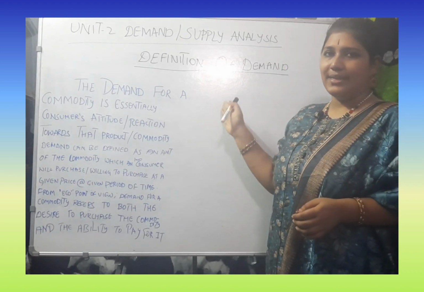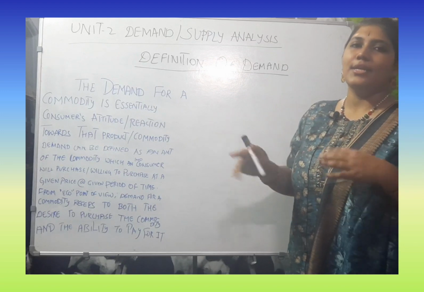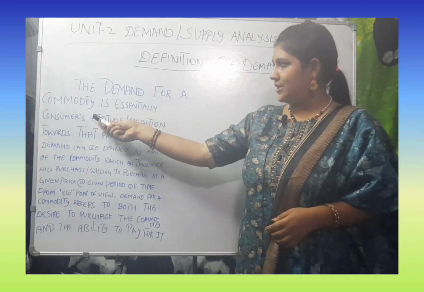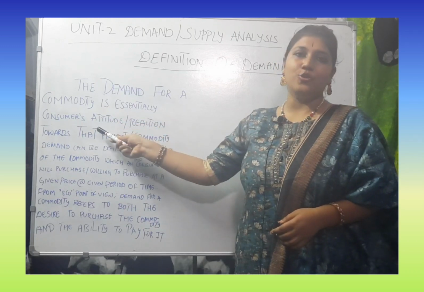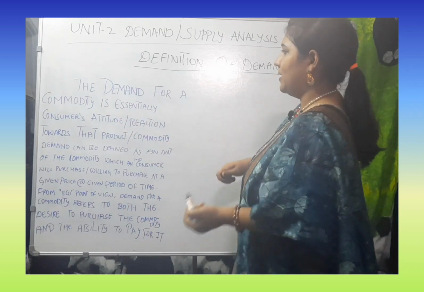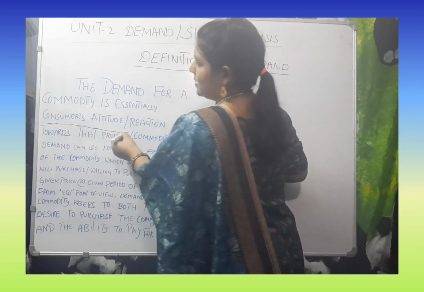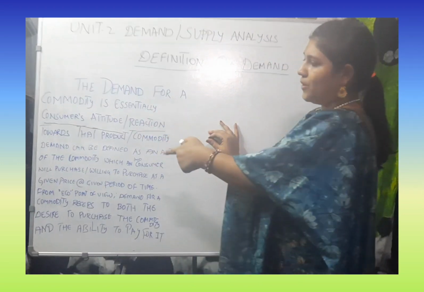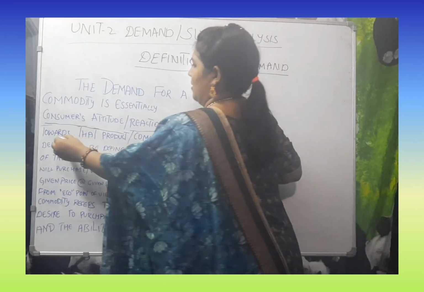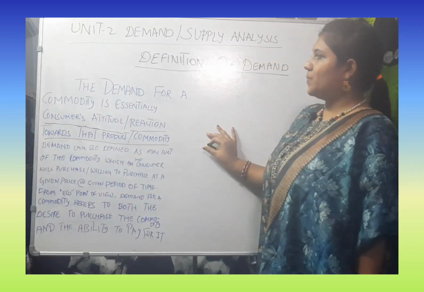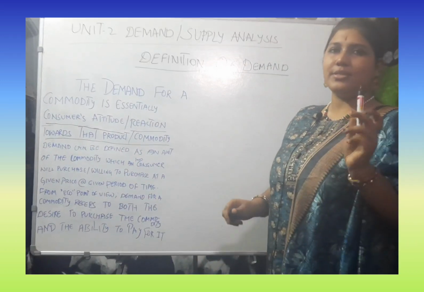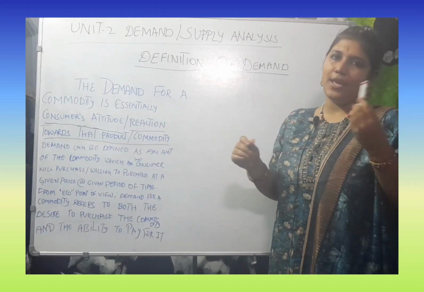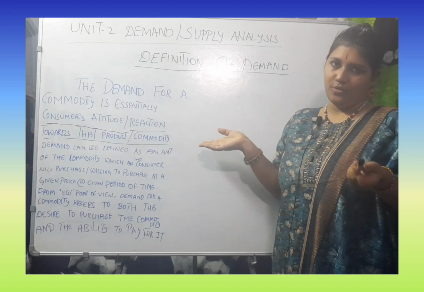So let's read this definition first, then understand. The demand for a commodity is essentially consumers' attitude and reaction towards that product or commodity. Just like I told you about this pen: I was thinking about this pen when I was doing this video.